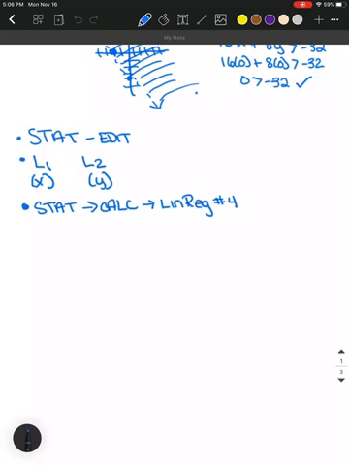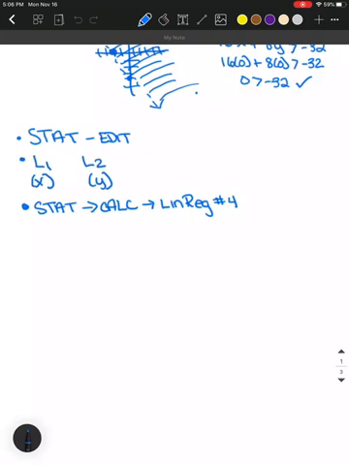You also want to make sure that your mode is on so that your stat diagnostics are on.